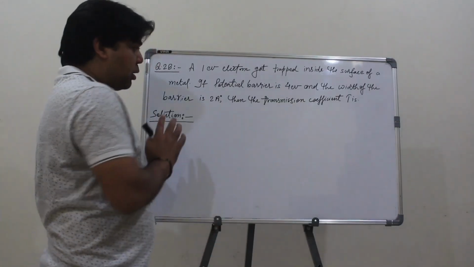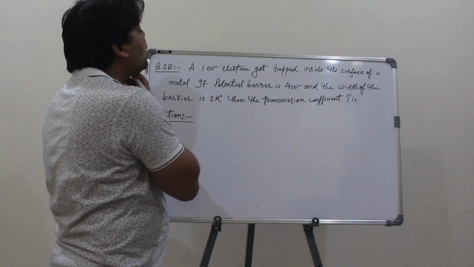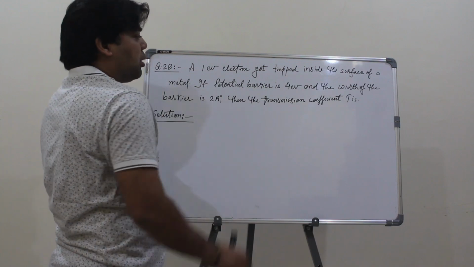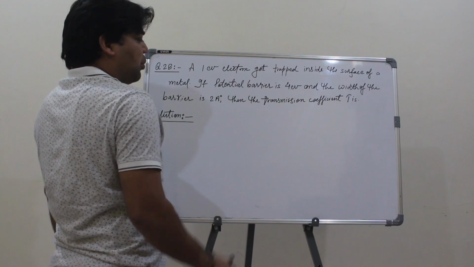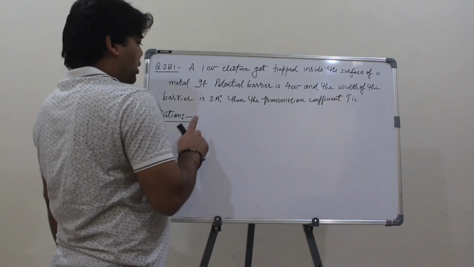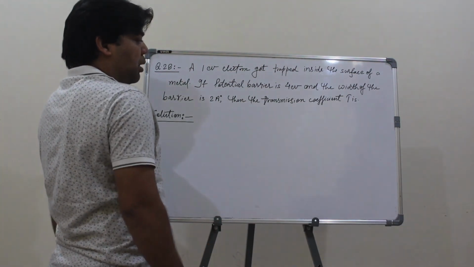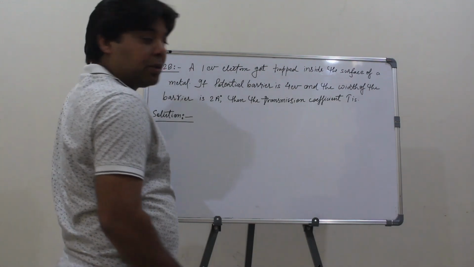Now let us take this problem number 28. One electron volt electron got trapped inside the surface of the metal. A potential barrier is 4 electron volt and the width of the barrier is 2 angstrom. Then the transmission coefficient T is how much, right?